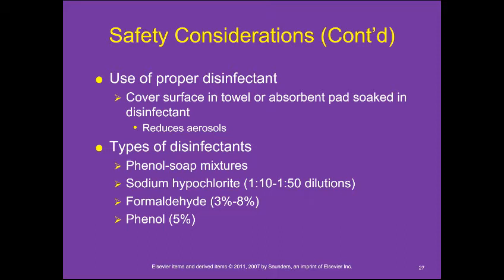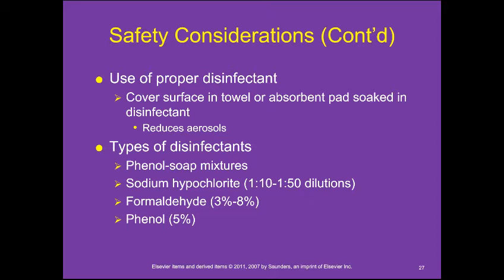So, what are the types of disinfectants that you should use? Phenol soap mixture, sodium hypochlorite as a very classic disinfectant. Sodium hypochlorite of 1:10 dilution or 1:50. That would mean 10% sodium hypochlorite. Very effective disinfectant.